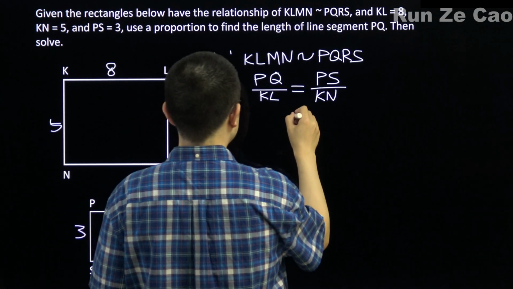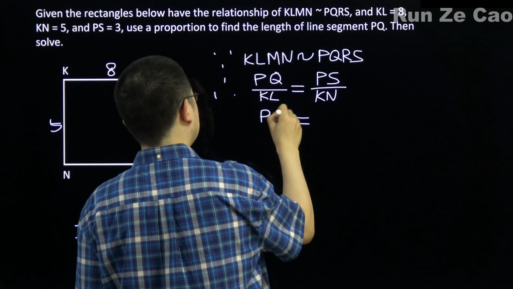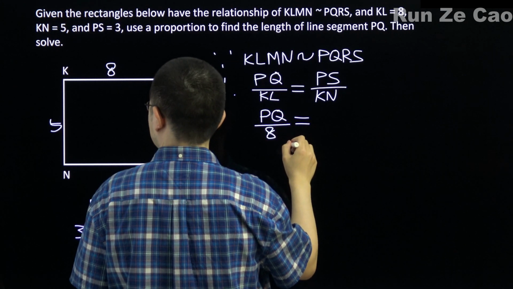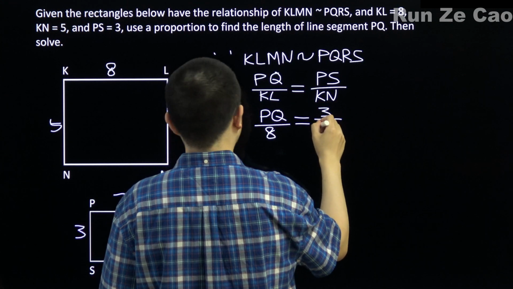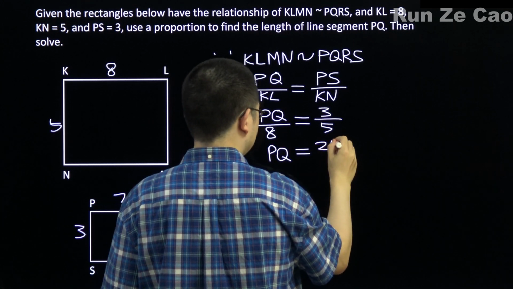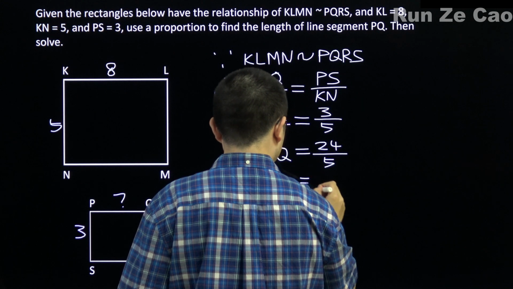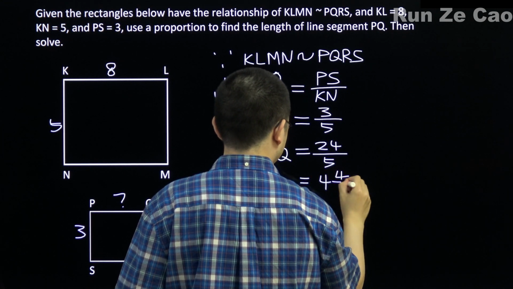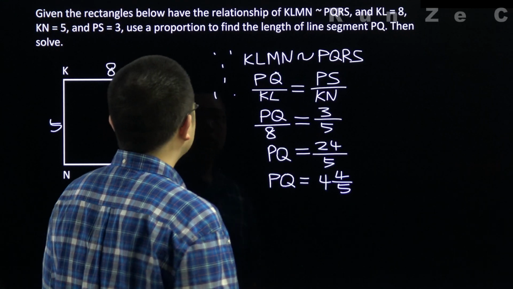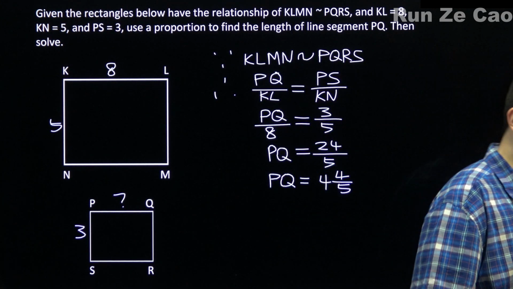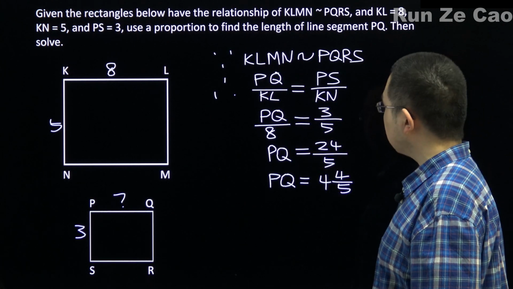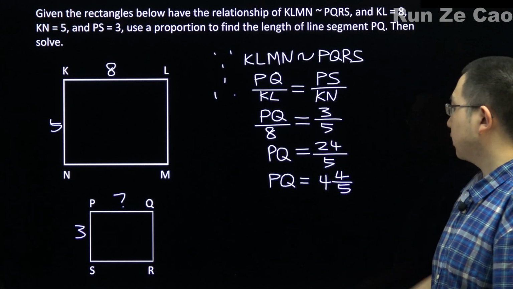That means PQ, which is unknown, we can just keep it as PQ, over KL, that means divided by 8, is equal to PS, which is 3, divided by 5. So PQ is equal to 24 over 5, or 4 and 4/5. This is the proportion that would give us the length of line segment PQ, and then we solved it.